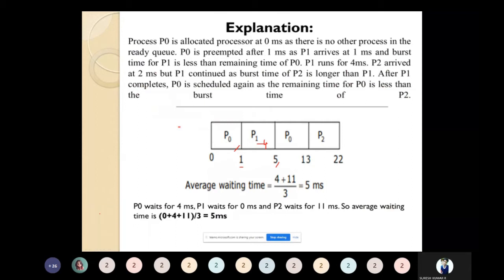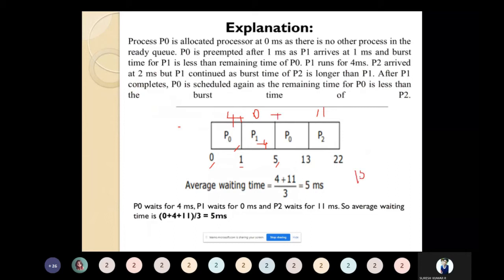For waiting time, P0 waits for 4 milliseconds and P1 waits for 0 milliseconds. P1 does not wait for anything. That's why P1 is 0, P0 is 4, and P2 is 11. So 4 plus 0 plus 11, totally we have 15.